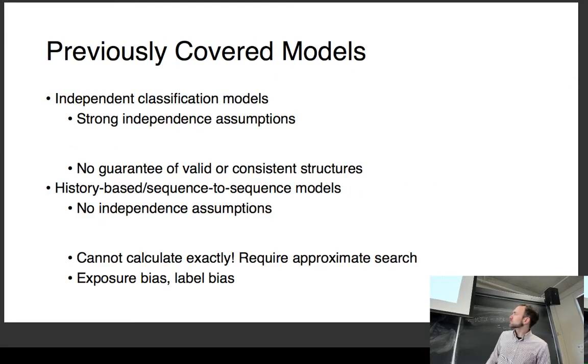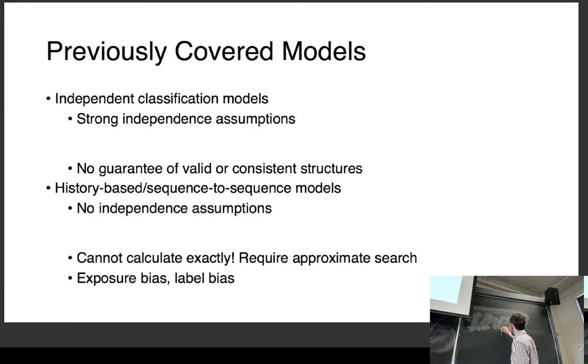And these are another method that we use for sequence labeling. Sorry, my equations disappeared. You see blank spaces where my equations used to be. But basically, to contrast these two methods, independent classification models have very strong independence assumptions.